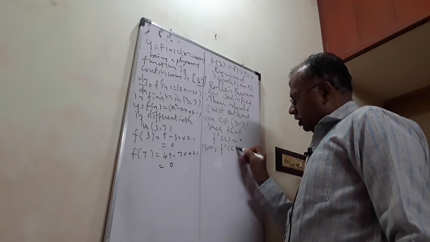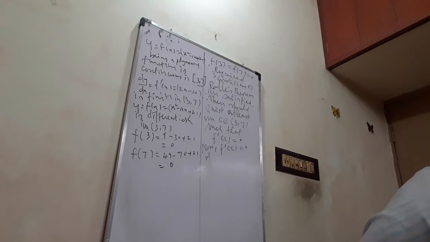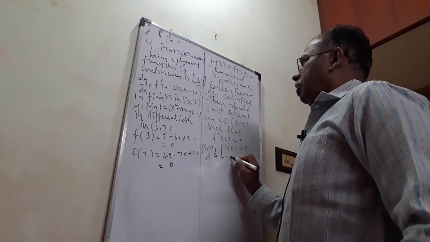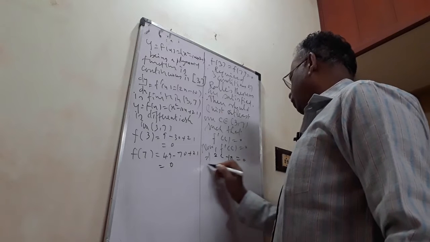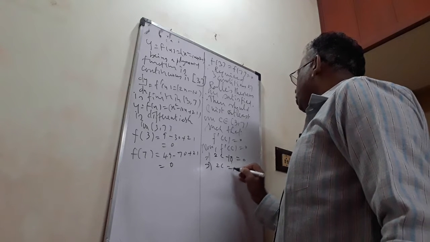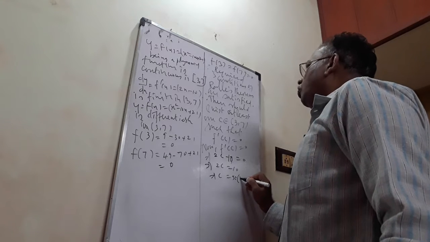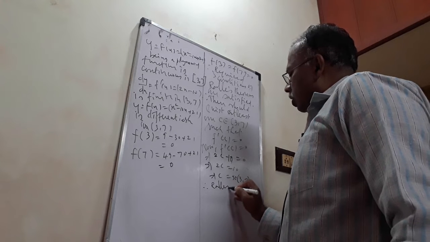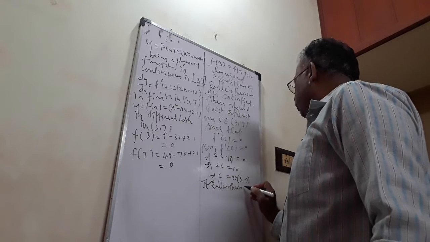Now f dash of c is equal to 0 implies 2c minus 10 is equal to 0. 2c is equal to 10, c is equal to 5, which is an element of the open interval (3, 7). Therefore Rolle's theorem is verified.